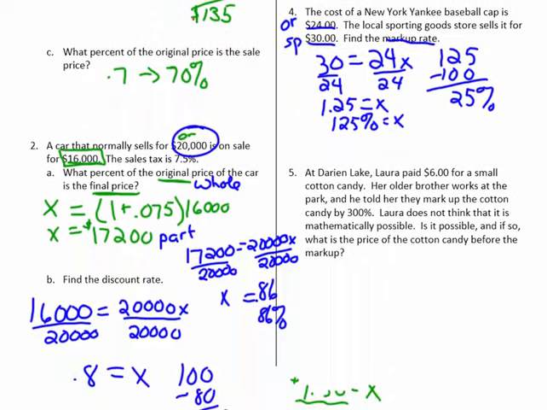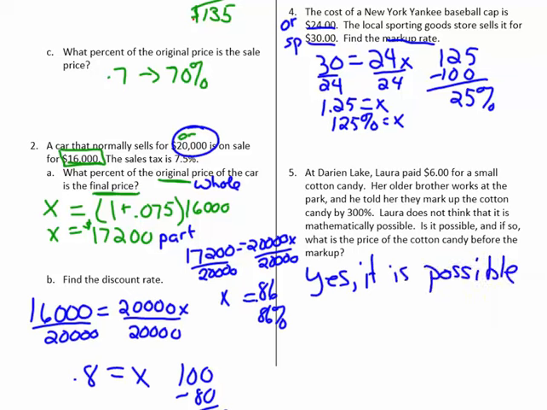At Darien Lake, Laura paid $6 for a small cotton candy. Her older brother works at the park, and he told her that they mark up the candy by 300%. Laura doesn't think this is possible. Is it possible? Yes, it is possible. So let's actually see what the cotton candy sells for.